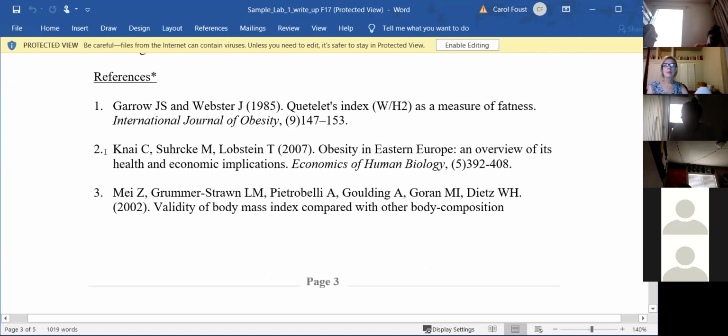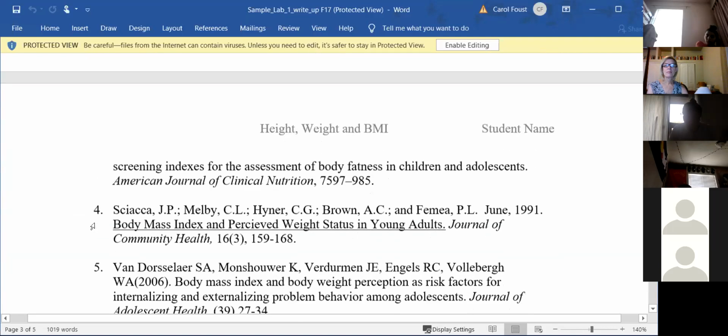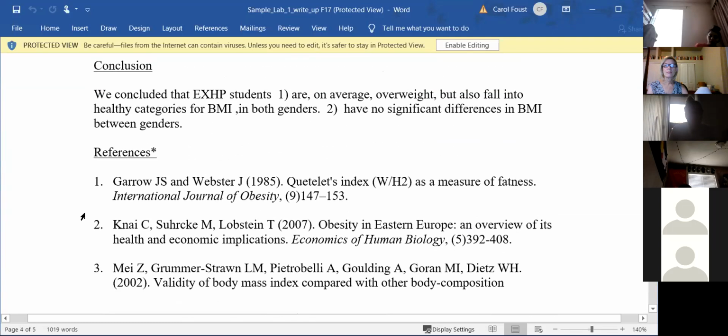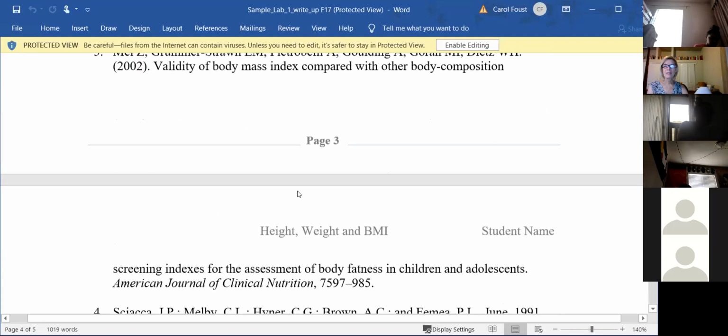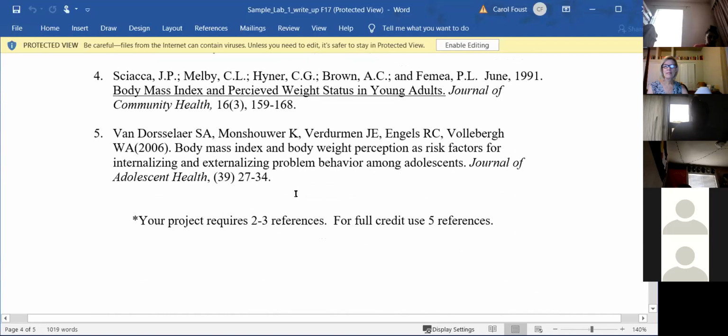Then I would list my references. This gives you an idea about what APA looks like. It's the author, their first initials, the year, then the name of the article, the name of the journal, the volume if there is one, and the page numbers. That's basically what it looks like.